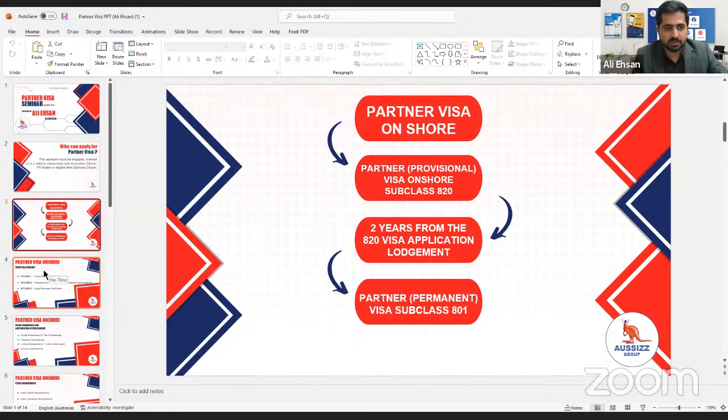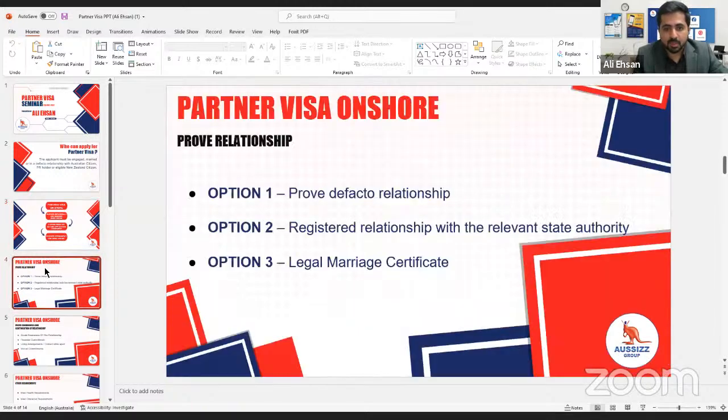One of them I discussed earlier, which is that you must be in a relationship with an Australian citizen, permanent visa holder, or eligible New Zealand citizen. In addition to that, there are three types of relationships, or actually two types, but to make it clearer for your understanding: option 1 is if you prove that you are in a de facto relationship.